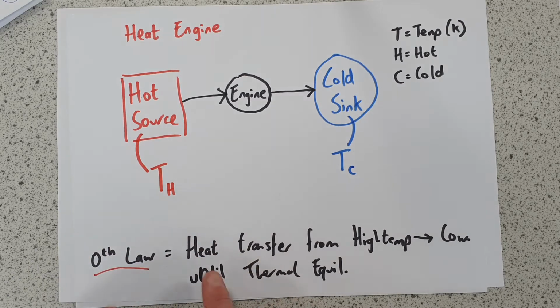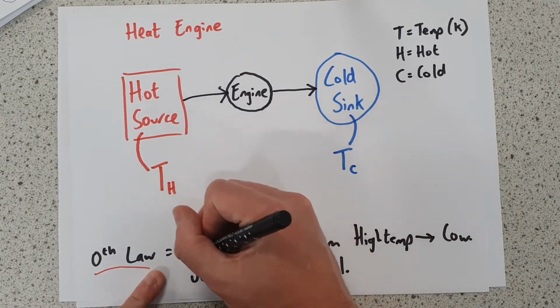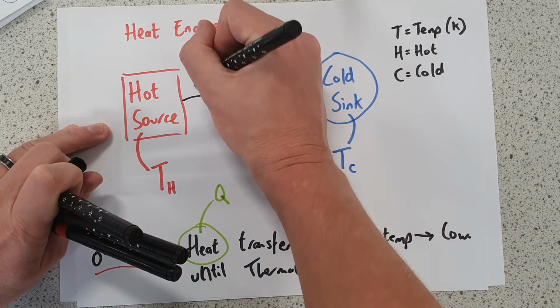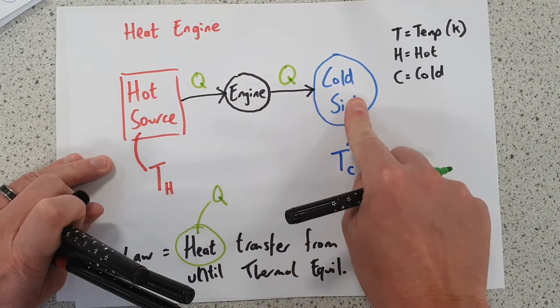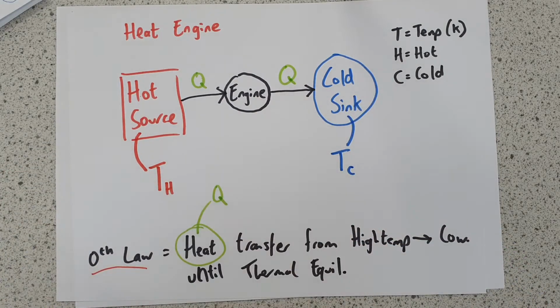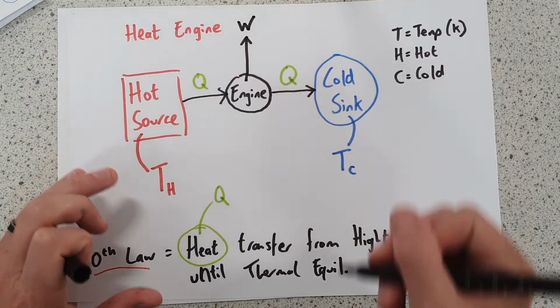And what we understand at this point is that heat transfers. And heat, as we know, is denoted as Q. Okay, so Q will transfer along this system to the cold sink. Okay, now when we stick an engine in this system, the engine is capable of doing work.